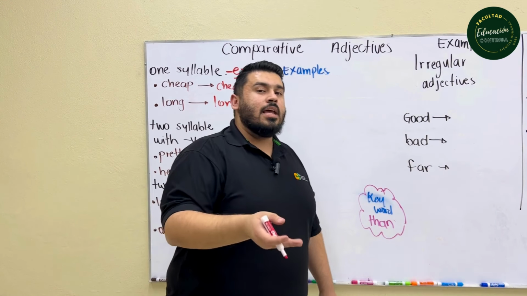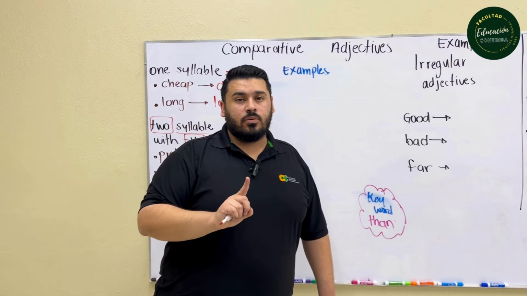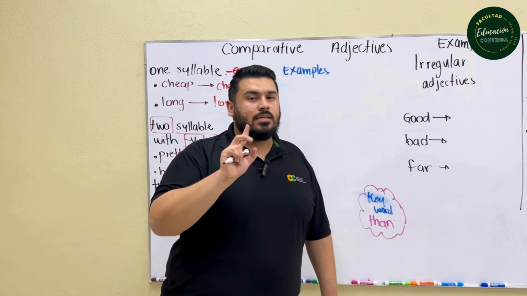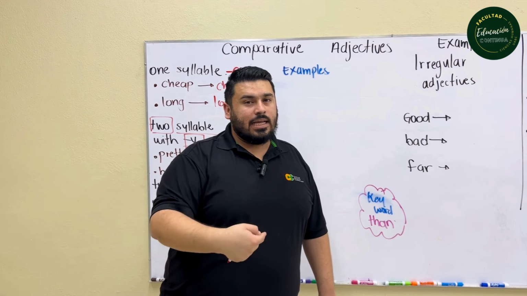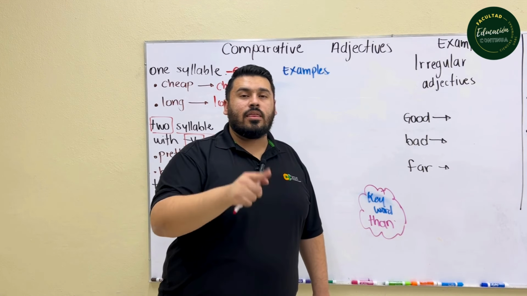Now we're going to continue with the next part. Here we have two syllables, but ends with Y. This is a rule. If your word has two syllables but ends with Y, you have to take away that Y and write IER. For example, pretty: erase the Y, and write prettier.